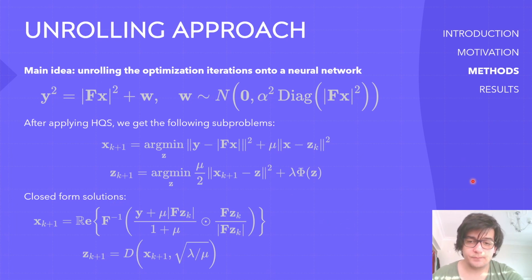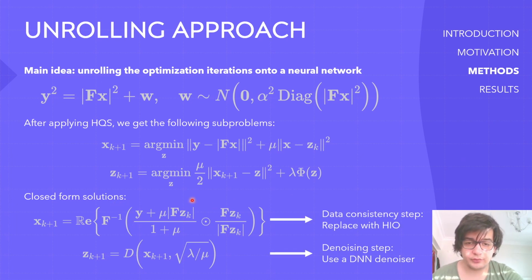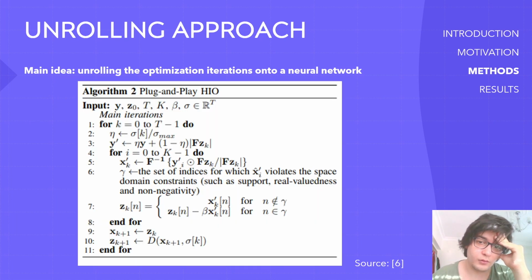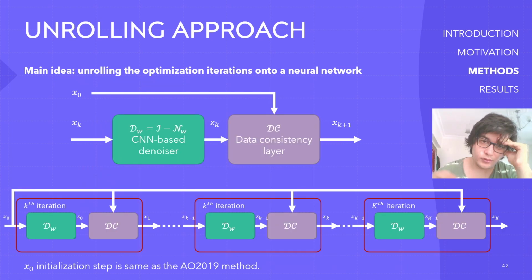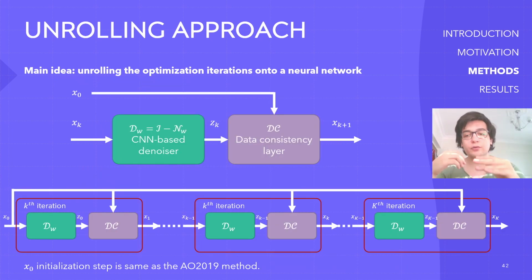But we can actually replace this data consistency step with the HIO algorithm, and we can use a deep denoiser in this step. And the following algorithm is given here. We can unroll the steps of this algorithm onto a neural network, and we can train it. This neural network has the following basic block.